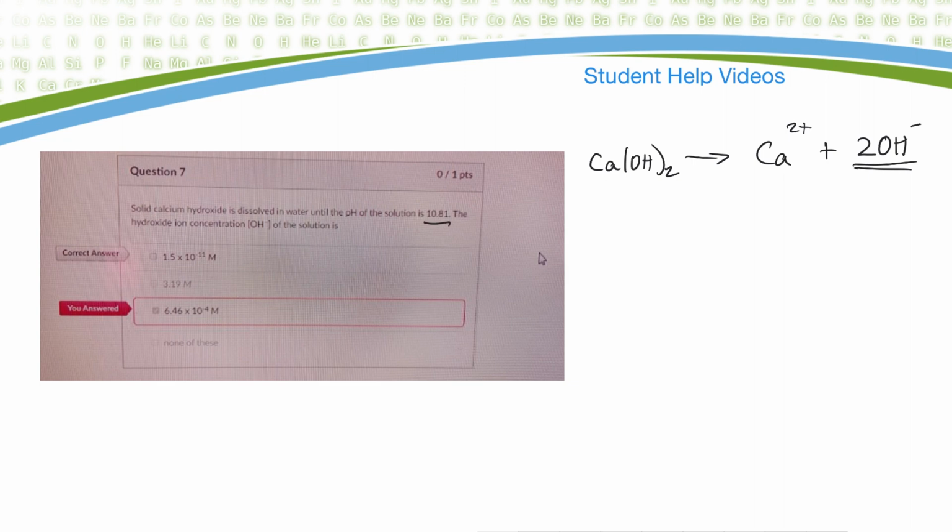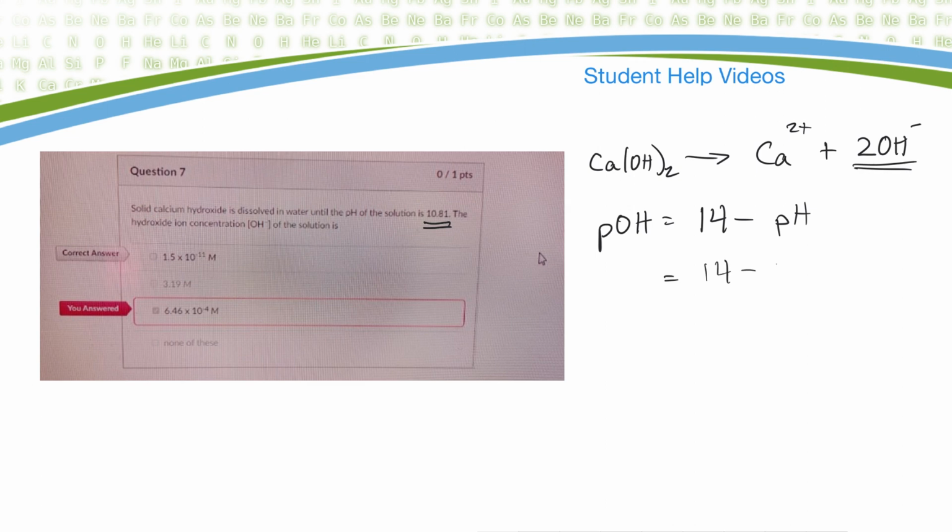So the pH comes out to 10.81. Okay, so if they give us the pH, then I can use the pH to find the hydrogen ion concentration. Oh no, let's not do that. I can do that, but it's easier just to find the pOH. So the pOH is 14 minus what the pH is.